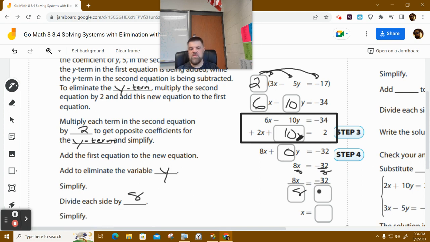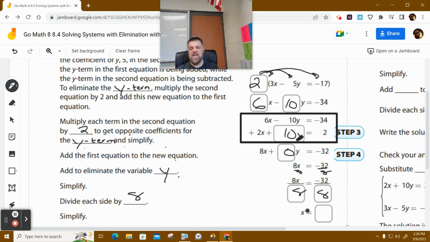I'm sorry if that confused you. Is anybody confused by what I said? We just didn't fill it out over here. So just to recap, I'm going to multiply each term in the second equation by 2 to get opposite coefficients for the y terms and simplify. Then I'm going to add the first equation with the new equation to eliminate the variable y, which we did, right? Then we're going to divide by 8.